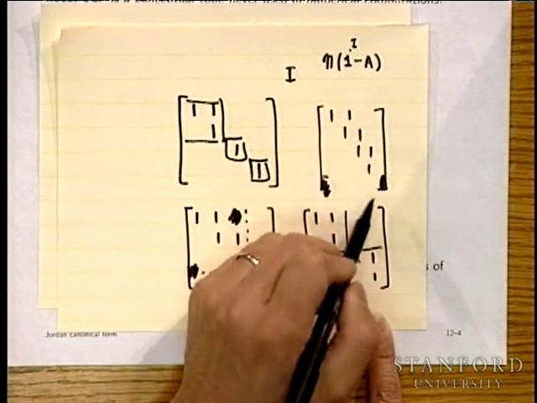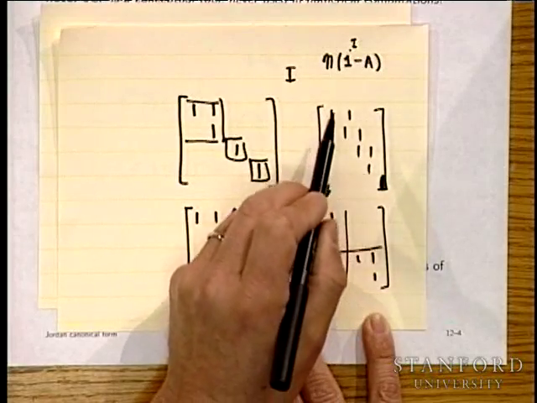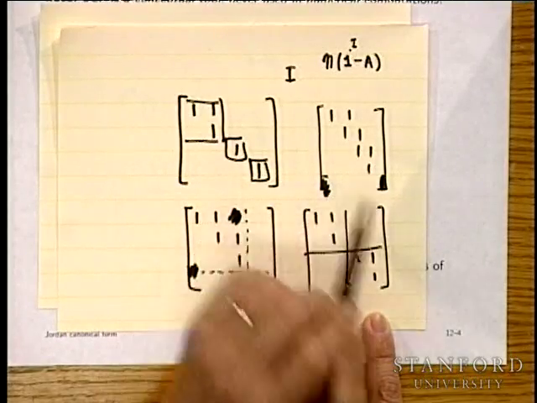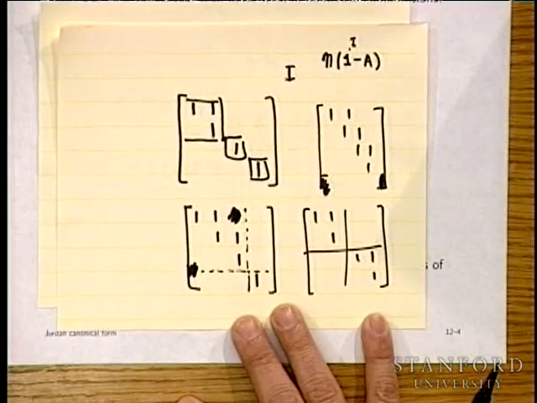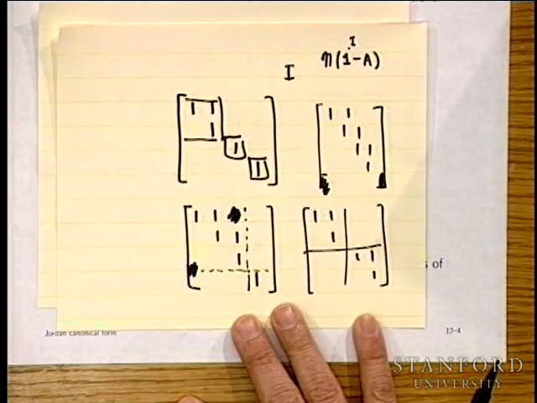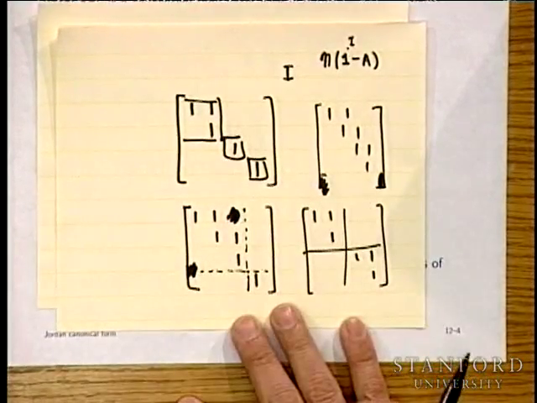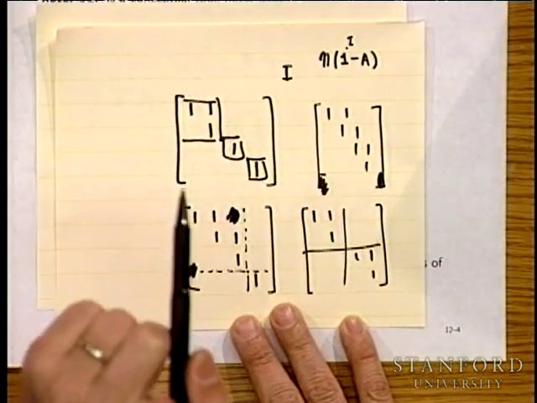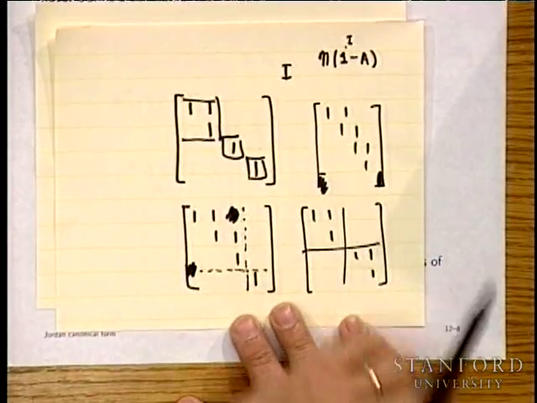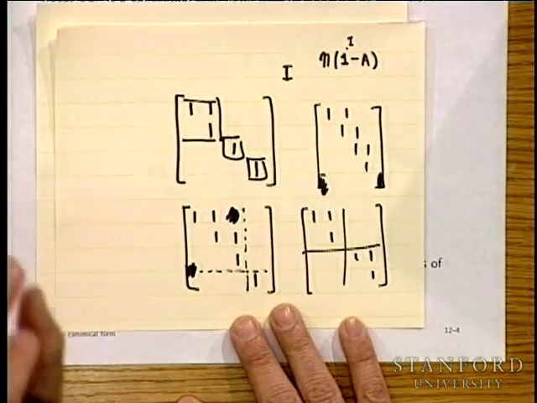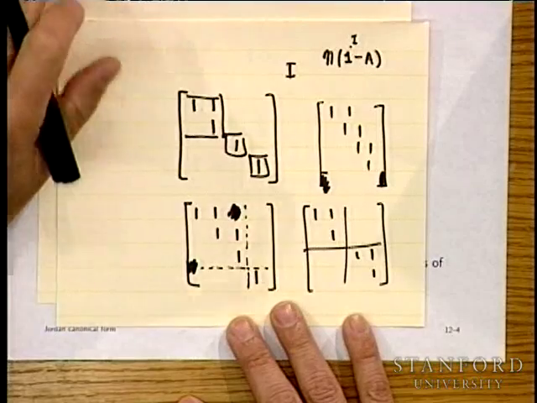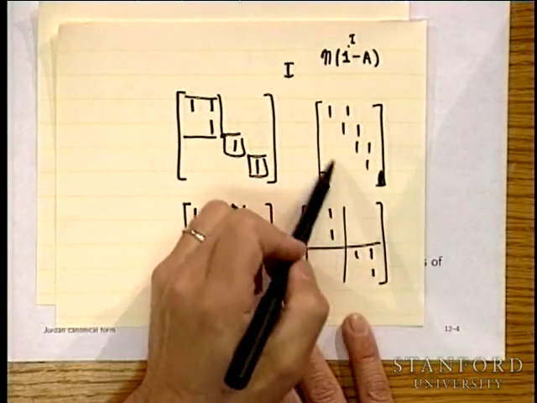What is the null space of I minus A for this matrix? It's one-dimensional, and it's all vectors of the form something, 0, 0, 0. Why?